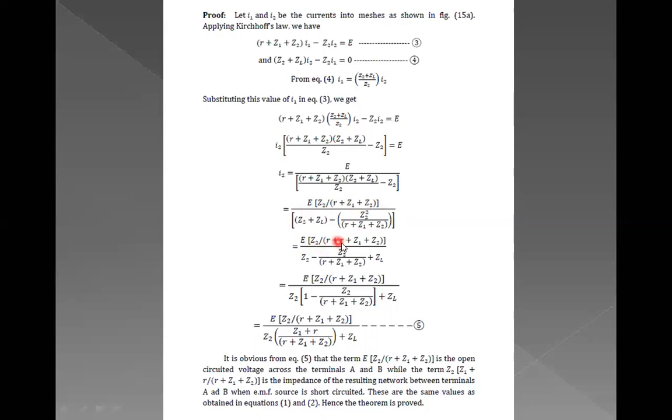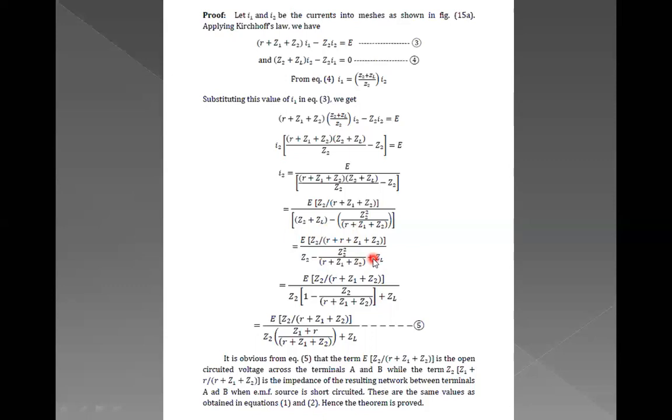The numerator is as it is, E into Z2 by R plus Z1 plus Z2, with only one R over there. The denominator is how it comes: we have taken Z2 as it is, minus the expression Z2 square by R plus Z1 plus Z2, plus ZL. This is how we have written.